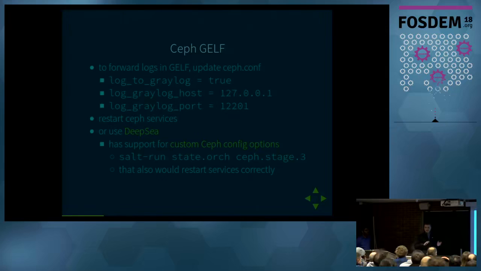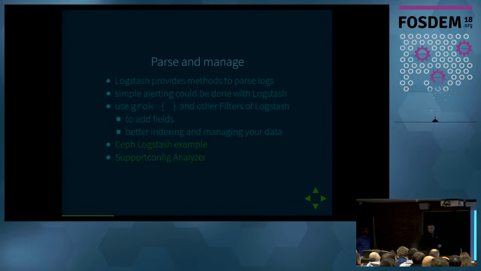Then Ceph will forward those logs to the Graylog server. In my case this is Logstash, and Logstash can collect the logs and push them forward to Elasticsearch. Logstash already provides some primitives for that, but you can not just push the logs, you can also pre-process them.